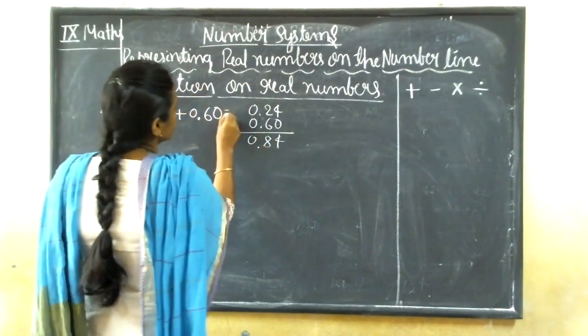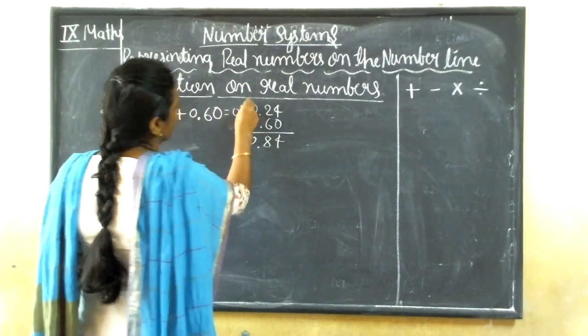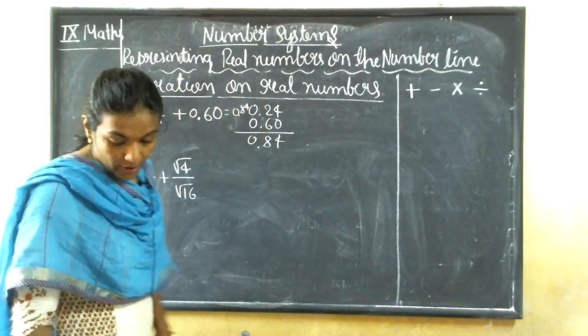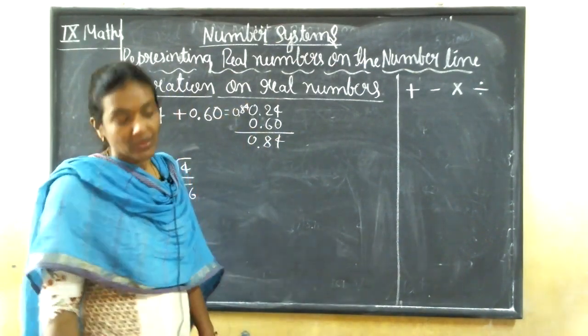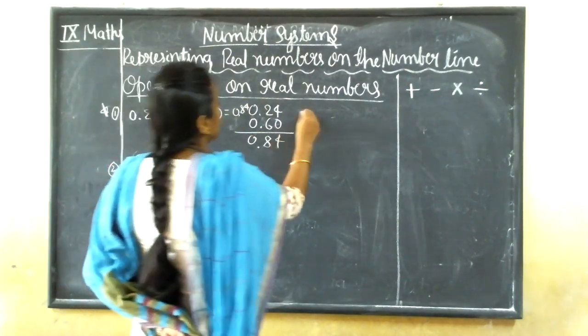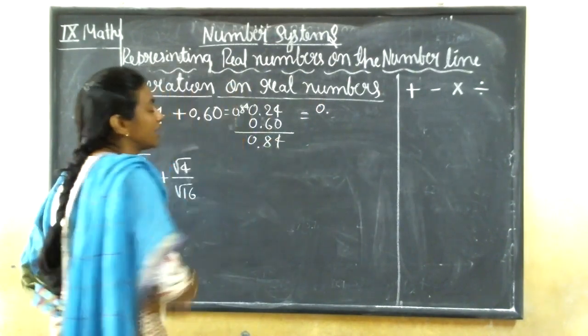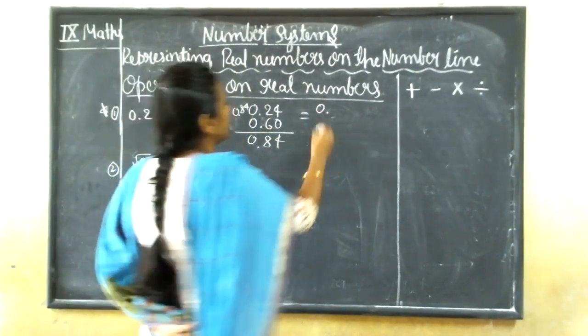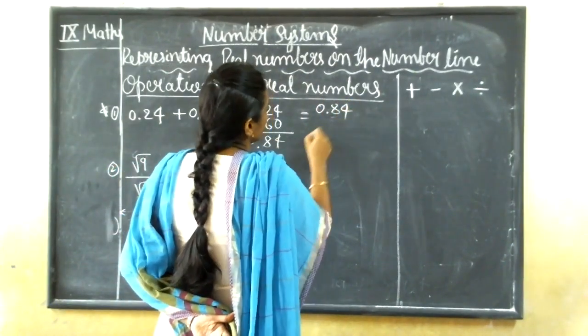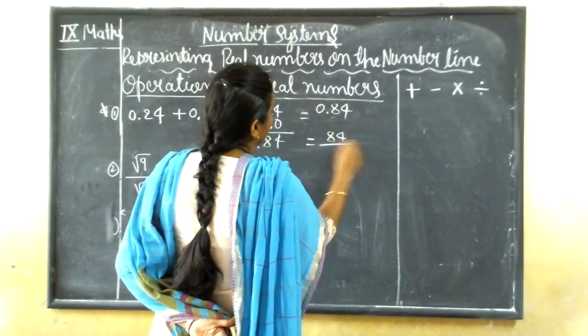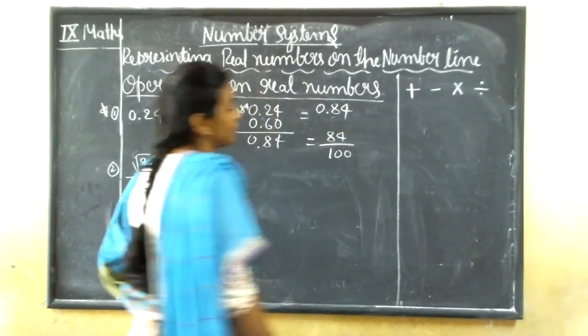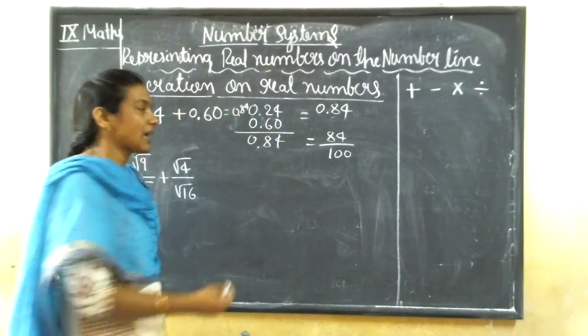So what is the answer here? 0.84. And we learned here how to write decimals as a rational number, like 0.84. It means here we are going to write 84 divided by 100. You can cancel this also.